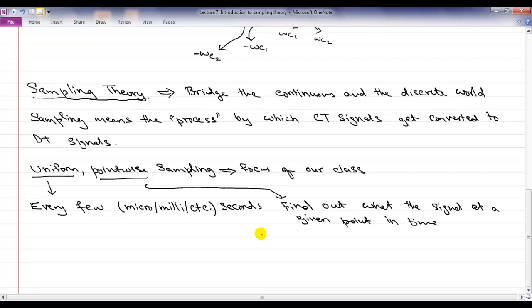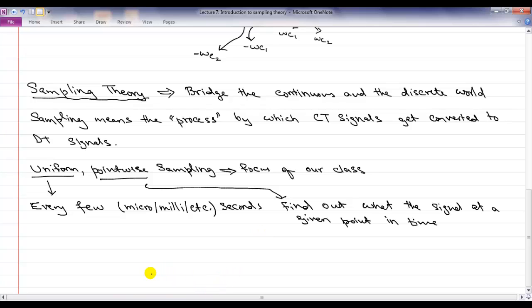So if you are recording my speech, what sampling does is every few microseconds, it basically says what is the fluctuation in my speech, what is the value of my speech at this time. Okay? If you're recording it through a microphone, then you simply ask what is the current or voltage associated with the speech at that particular time.